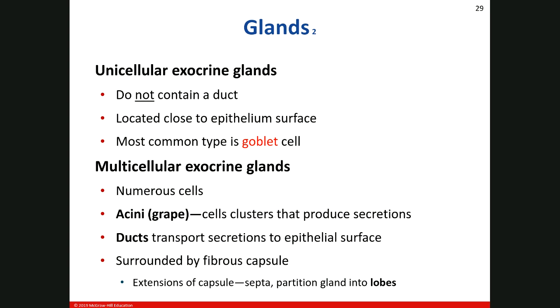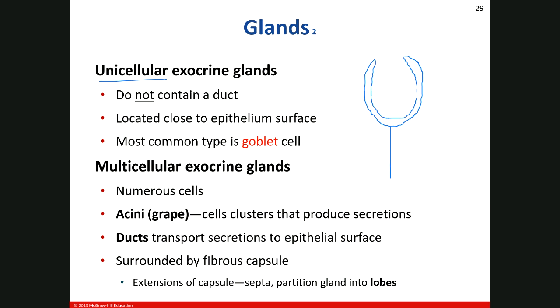All right. So our two types. The unicellular glands do not have a duct. The goblet cell, we've already seen this. The goblet cell is interspersed in between the epithelium. We call it the goblet cell because the top portion looks like an opening, like a glass.